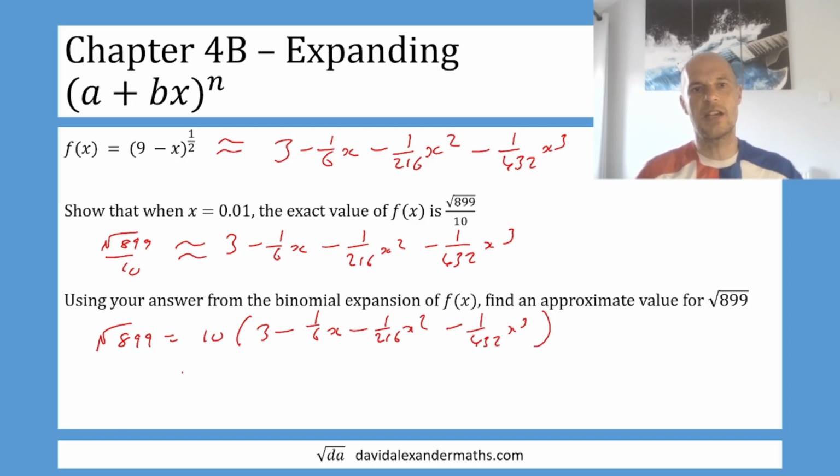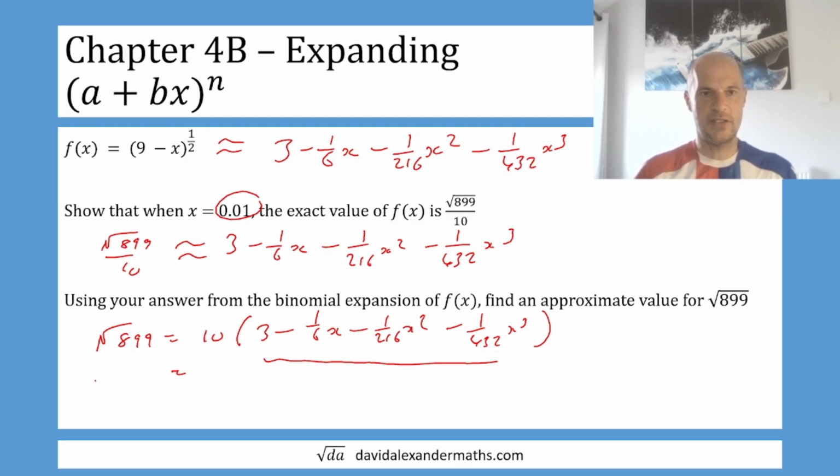So what I'm going to do is substitute this x value of 0.01 into my expansion. So I'll just put in my calculator 0.01 and hit an equal sign. And now I'm just going to do 3 minus answer divided by 6 minus answer squared divided by 216 minus answer cubed divided by 432, and then multiply that by 10.